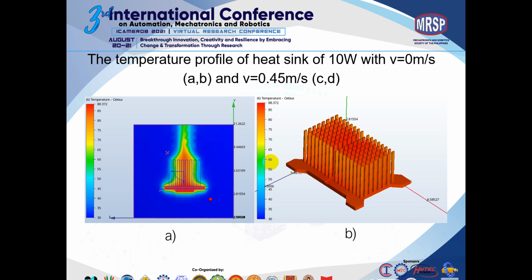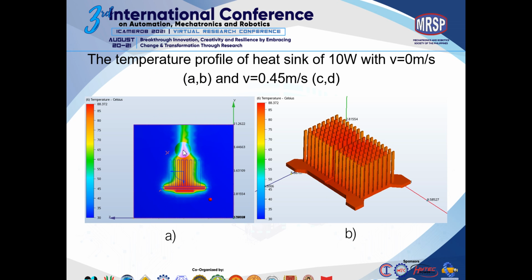And this is the temperature of the heatsink of 10 watts with velocity equal to 0. You can see with velocity equal to 0, this is a natural convection.